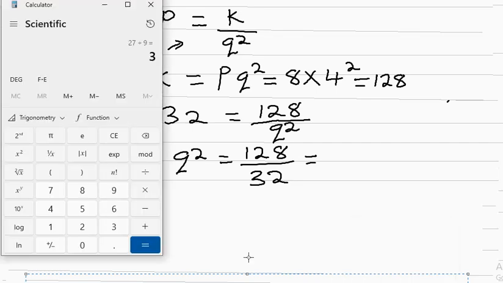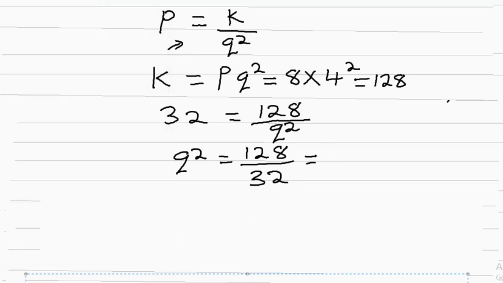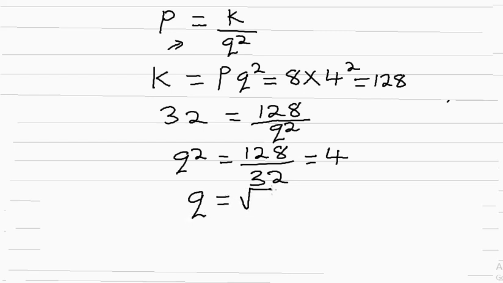See what we have. 128 all over 32, that is 4. So now to solve for Q, Q is going to be equal to the square root of 4, and the square root of 4 is 2. As simple as that.